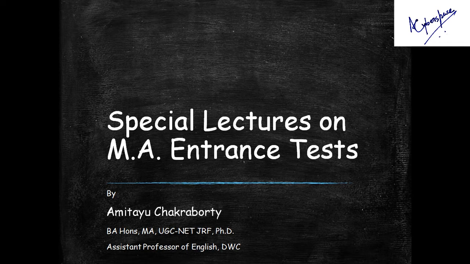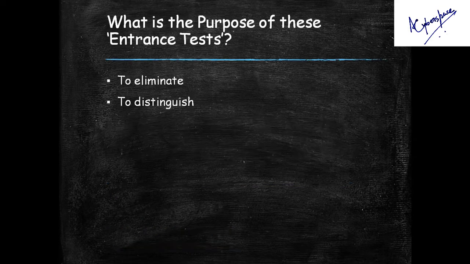So, to begin with, we have to understand the purpose of these entrance tests. First of all, the purpose is to eliminate and to distinguish. So first, purpose A is to put you out of the group. The examiners want to eliminate you from the rest of the group, from the cream.